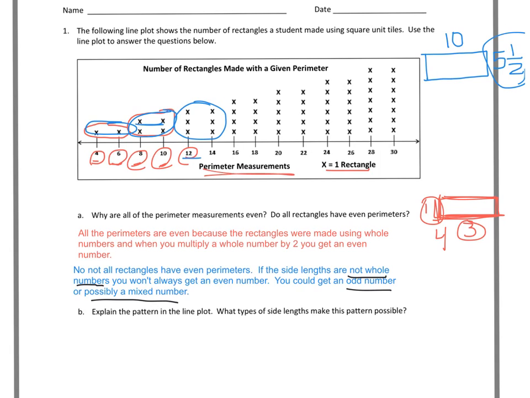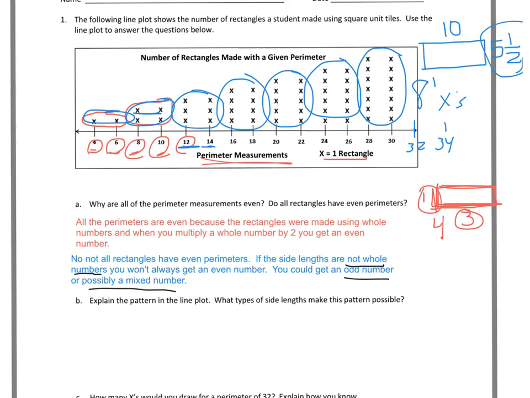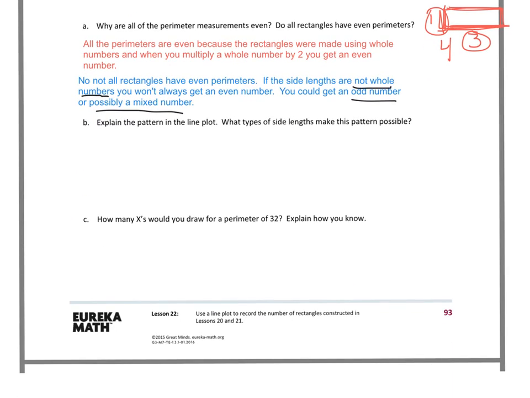So you see that 12 and 14 have 3 x's, 16 and 18 have 4, 20 and 22 have 5, 24 and 26 have 6, 28 and 30 have 7, so 32 and 34 should have 8 x's because the pattern is going up 1x every time.